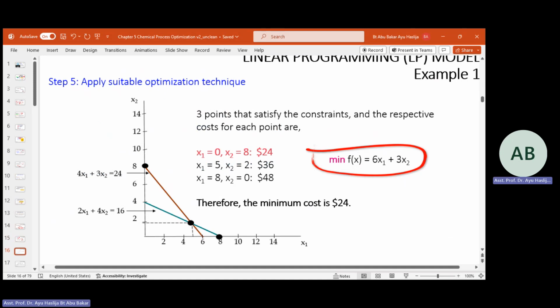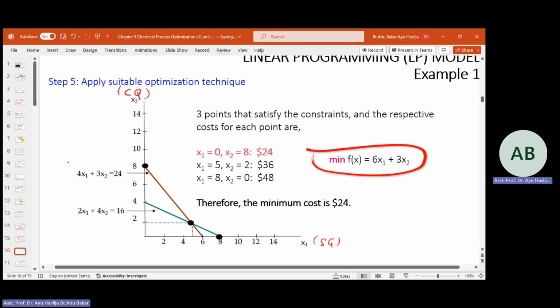Then we apply the suitable optimization technique. Plot X2 versus X1. Okay, X2 versus X1. X2 just now is the Crop Quick. X1 is the Supergrow. Okay, just now we had the equation.